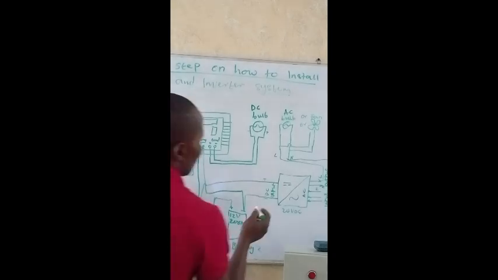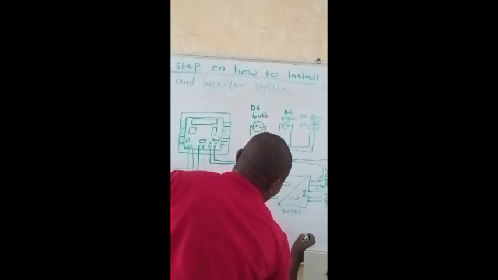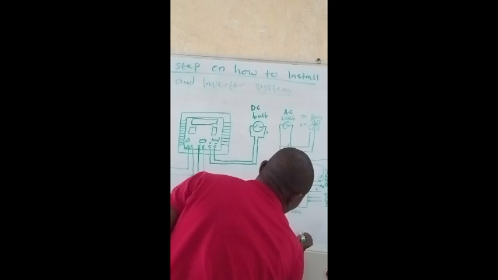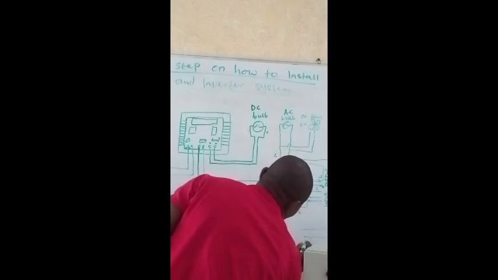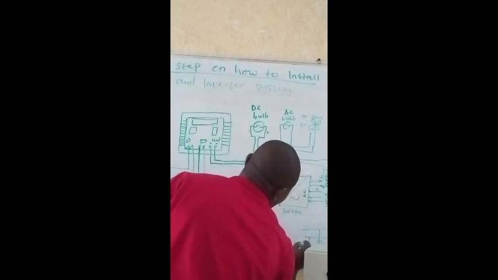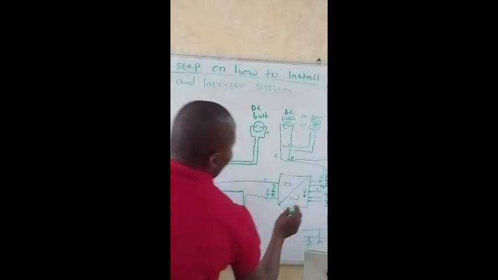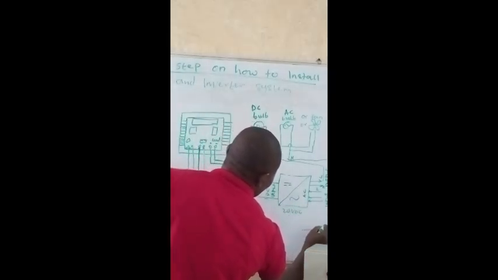So now this is the national grid. So your positive terminal, this is live and this is neutral.